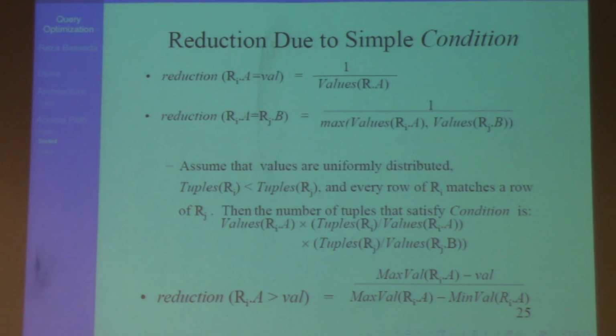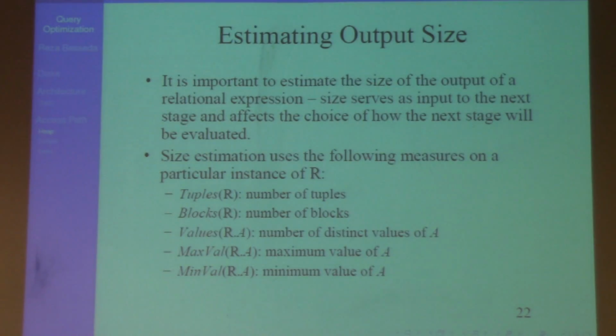For example, suppose that we have this query, where we have relation Ri, attribute A of Ri is equal to a value. How much will the estimate for this reduction factor be? What was the number of distinct values for A? V(Ri, A), right?